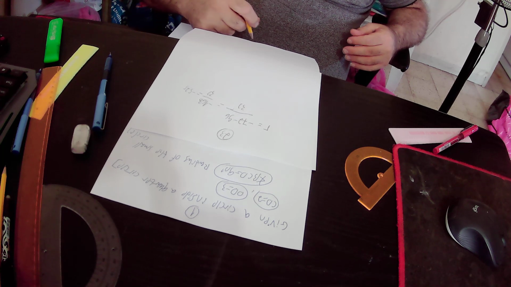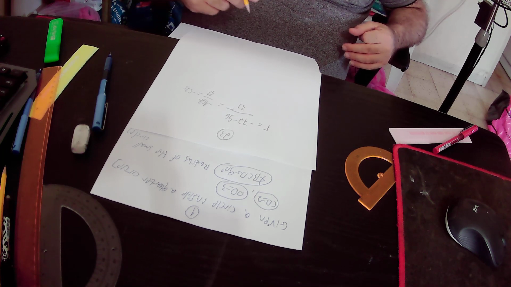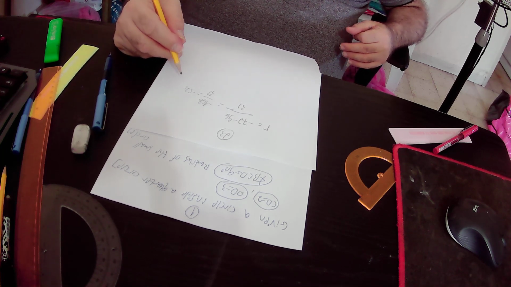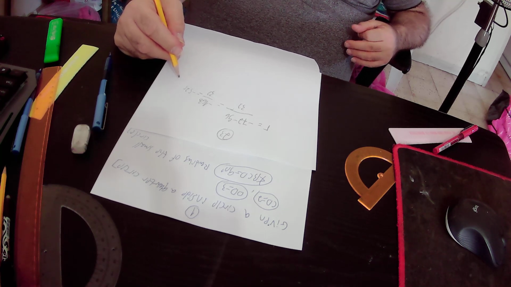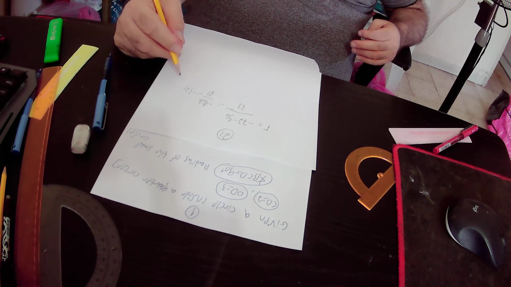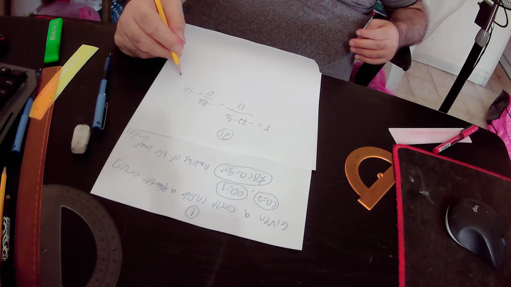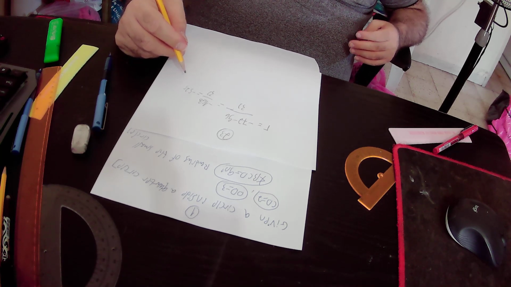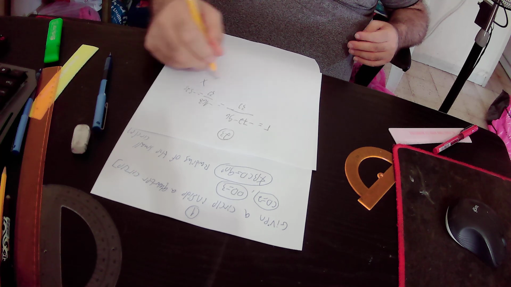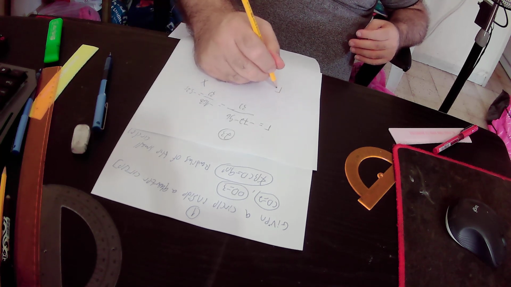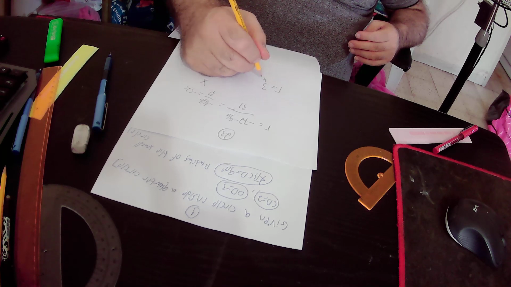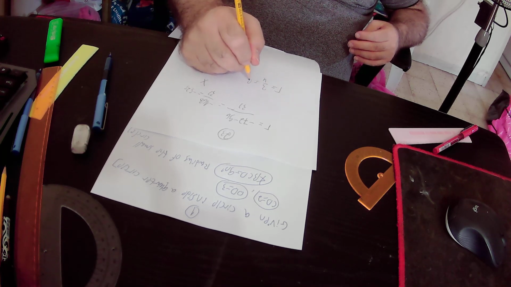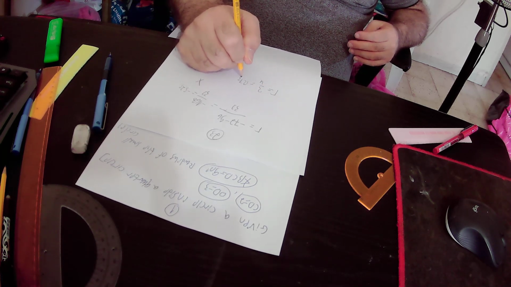So the radius must be a positive number. Therefore, r equals to minus 5.25 is incorrect because it is a negative number. So we are left only with the answer that the radius of the small circle equals to 3 over 4 units, or 0.75 units.